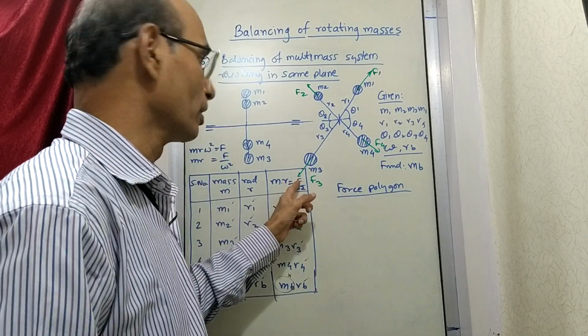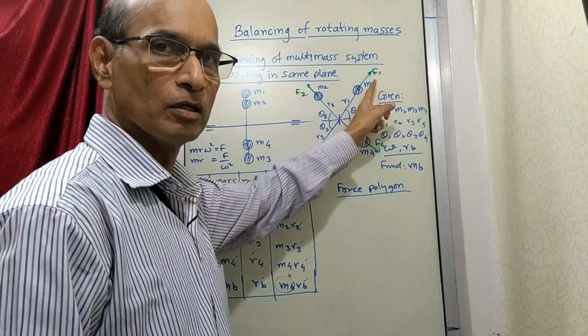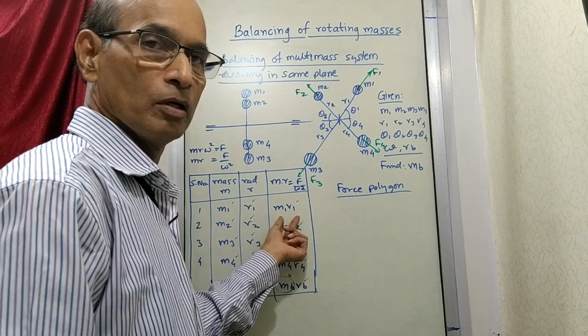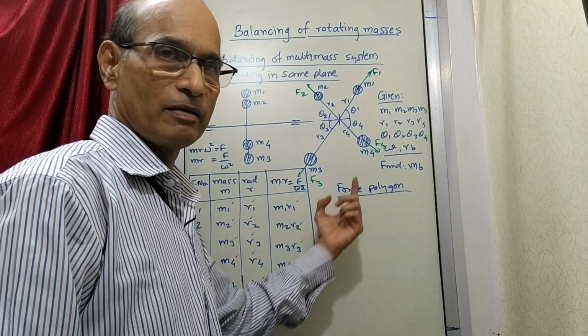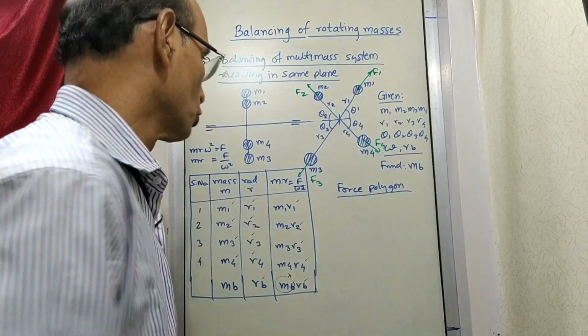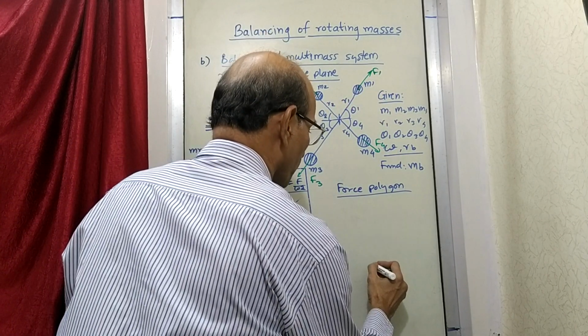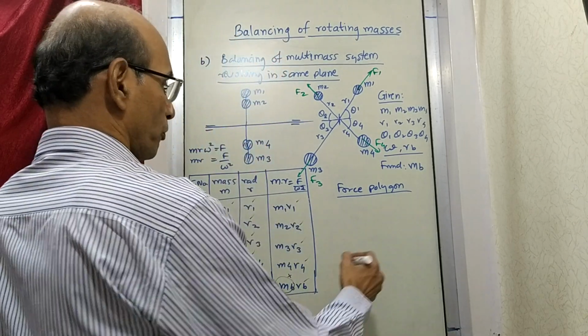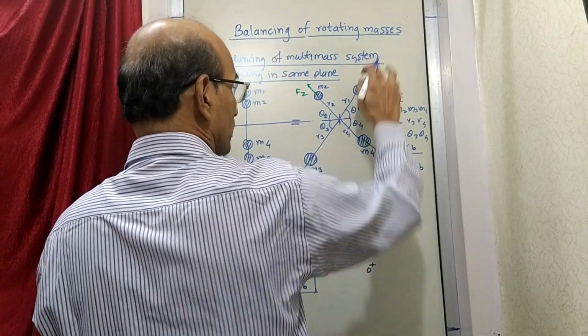So instead of showing force, you can show M and R also. So this MR we are going to draw as a force. What we do is, we start from one point, the 0 point, and from this point we are going to show this vector F1.